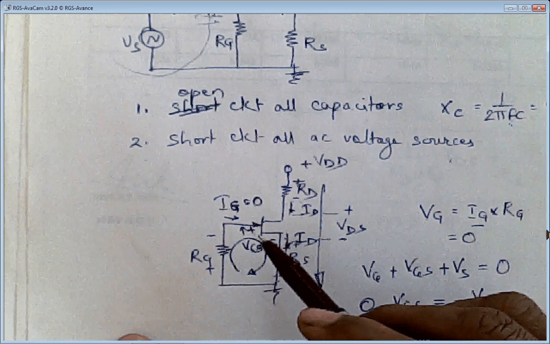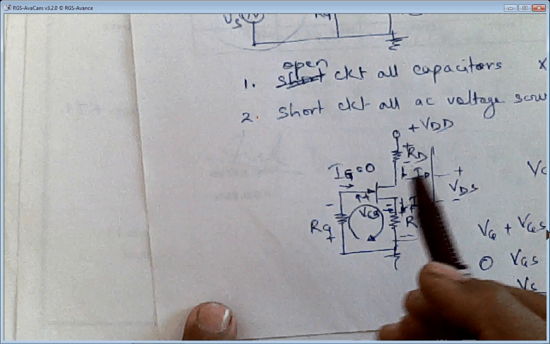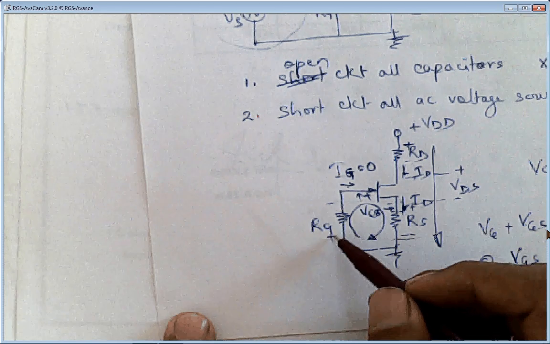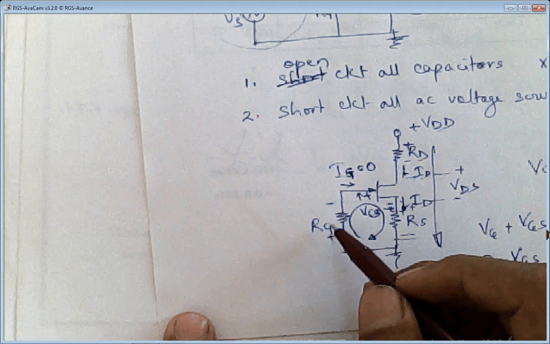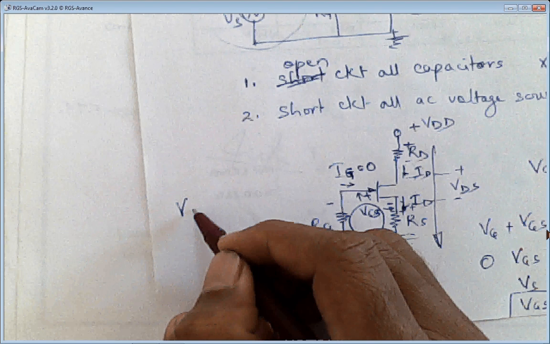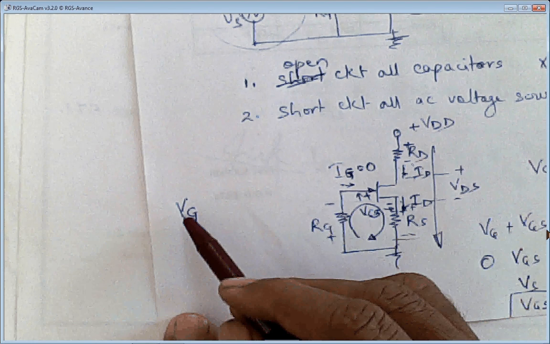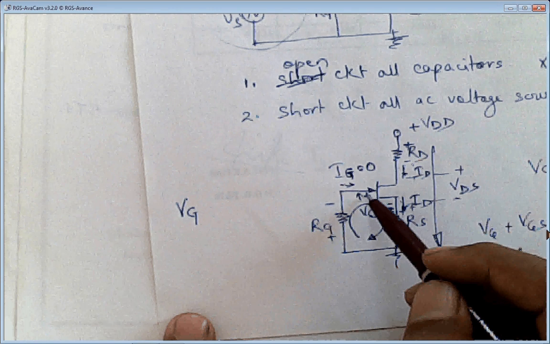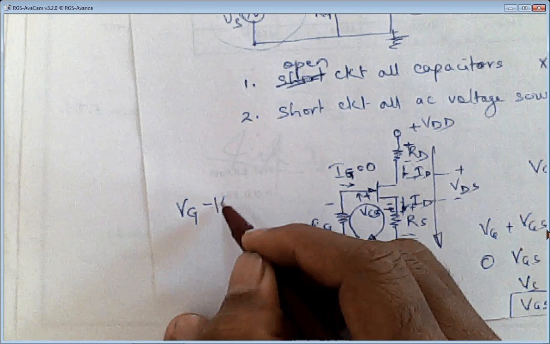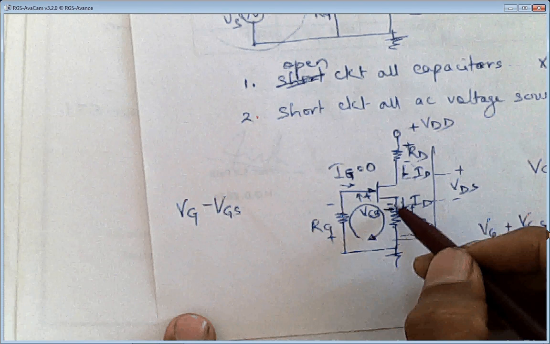So in this input loop, how will I write that? I'll write in this fashion. Plus minus Ig into Rg. I'll call this voltage as Vg. So Vg voltage, plus to minus, I have taken as positive. Secondly, Vgs is plus minus, so I'll take minus Vgs. That is the voltage between gate to source. We are taking KVL, remember.